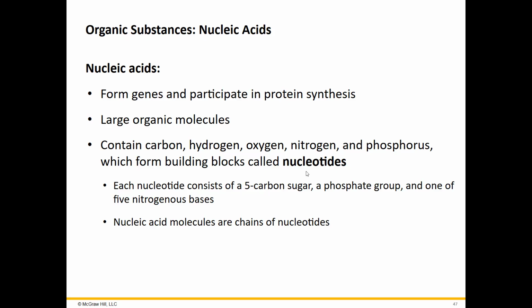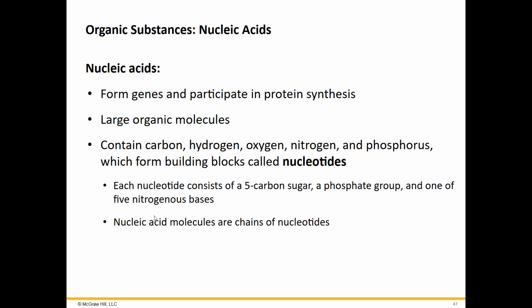The component part of a nucleic acid is a nucleotide. A nucleotide contains a sugar, a phosphate group, and a nitrogenous base. So kind of like an amino acid, right? There's a carboxyl group, an amino group, and then an R group. A nucleic acid has nucleotides that are formed of sugar, phosphate, and nitrogenous base.